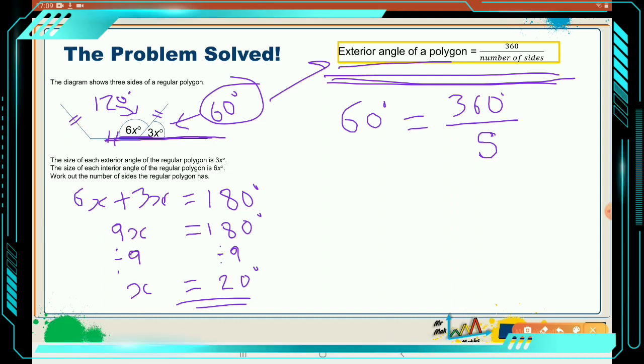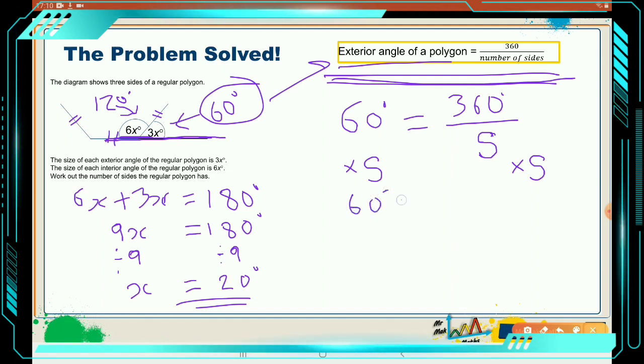Now we actually want the number of sides, so we need to get the number of sides on its own. At the moment it's 360 divided by the number of sides. Because it's dividing, I need to multiply both sides by S. So I end up with 60 degrees times S equals 360 degrees.